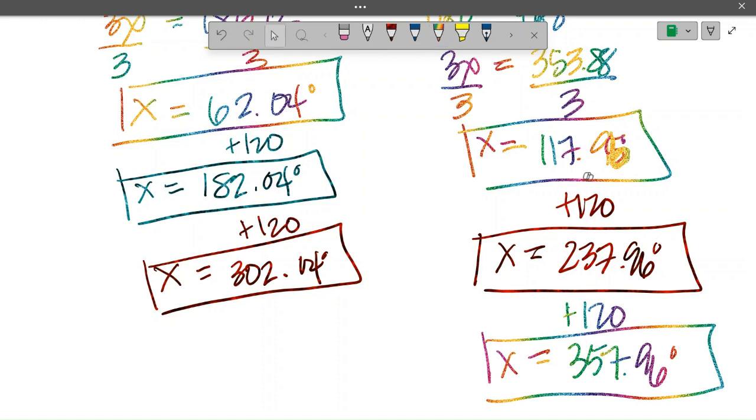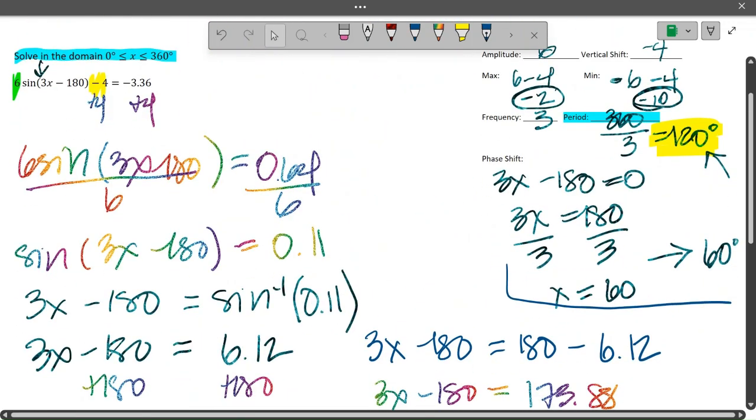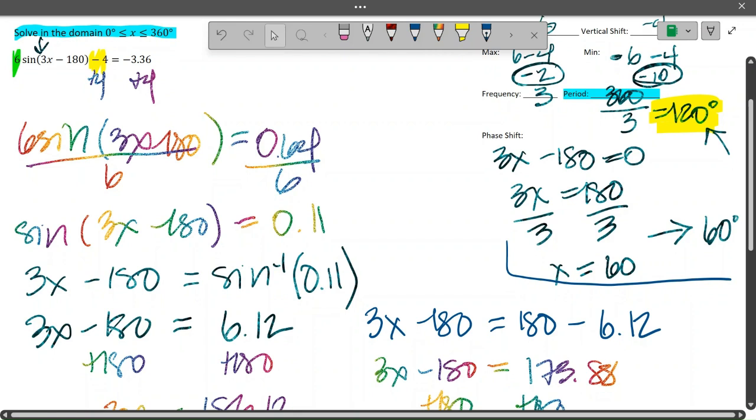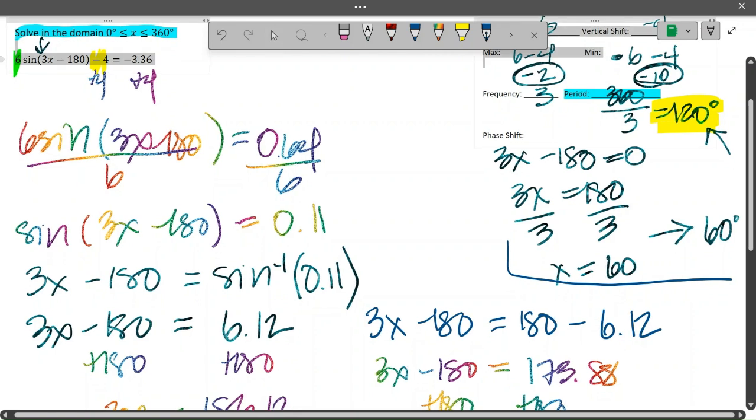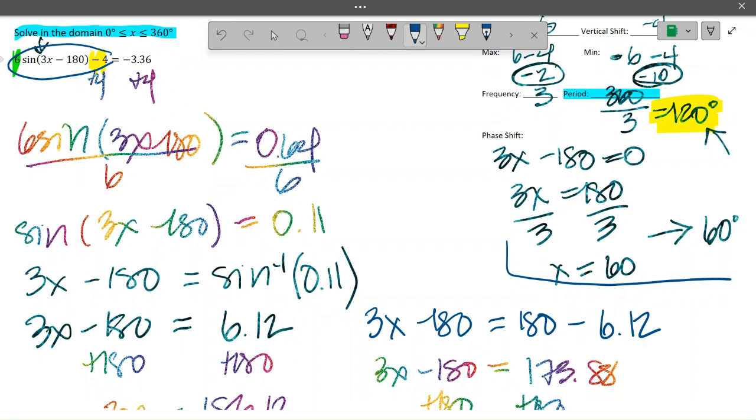The way that you would do that is if I scroll back up to my very top equation, I'm going to put this entire part in my calculator, and where I see x, I'm going to replace that with my answer every single time.